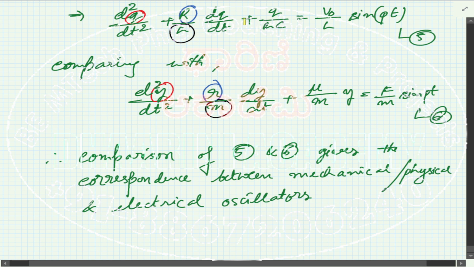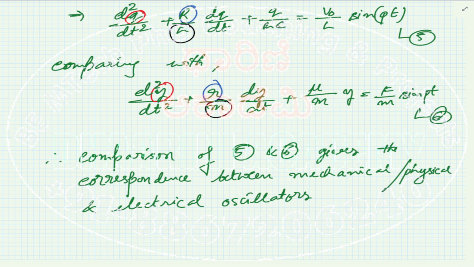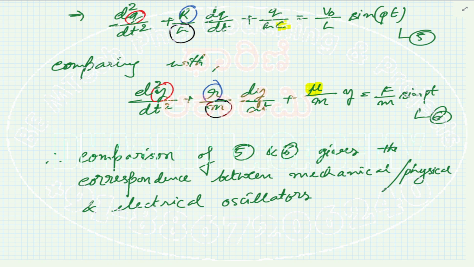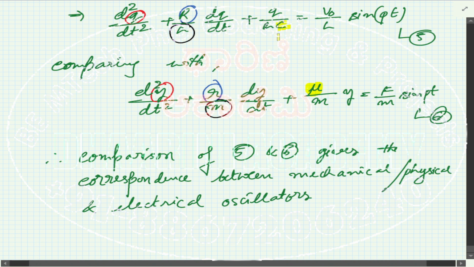Then we have Q and Y marked. Let's say that L and M are equal, which has also already been marked. Then we have the capacitance C and the mu. C is in the denominator, and the similar position is held by mu over there. This is because M has already been equated with L, and Q with Y, so we cannot equate any other terms.